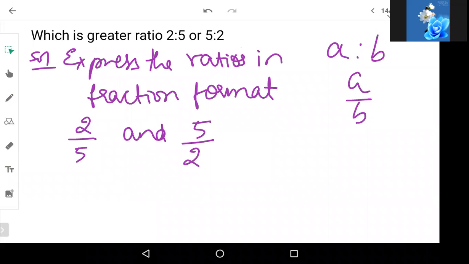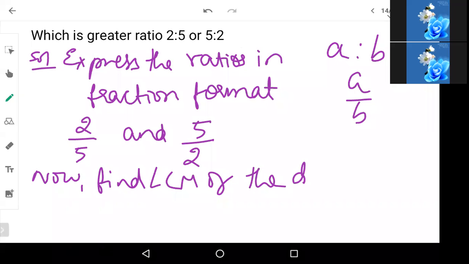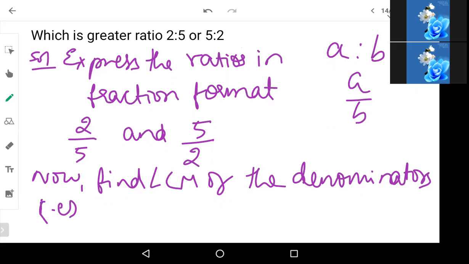Now in the next step, to understand which one is greater, we have to find the LCM of the denominators. Okay, now let us do that second step. Find LCM of the denominators, that is 5 and 2, correct?